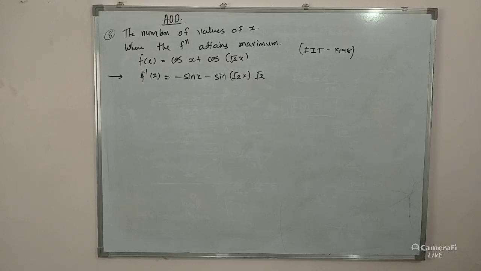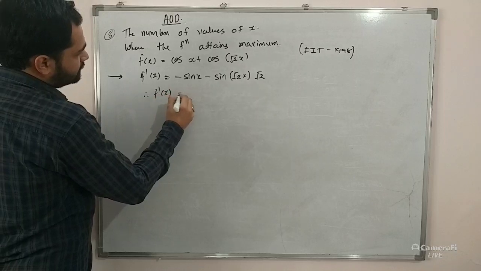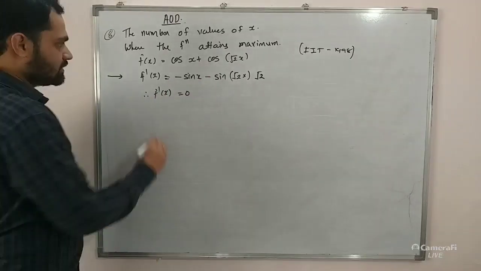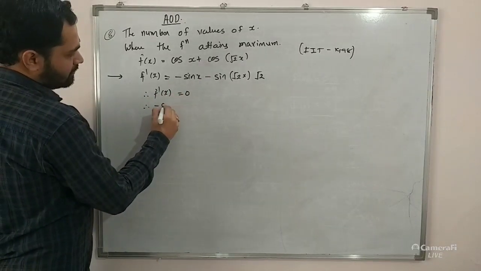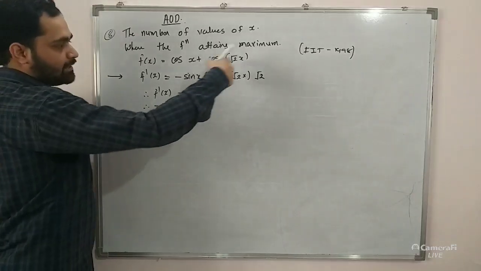So comparing f dash of x with 0, by simple logic we can get minus sin x is equal to root 2 sin root 2x.